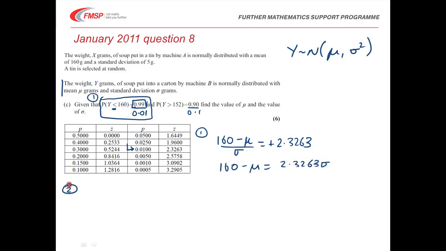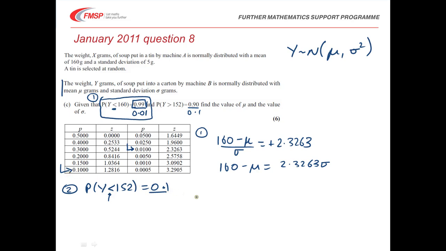If I then look at situation 2, the probability is pointing the wrong way, so I much prefer to write this as the probability of Y being less than 152 is equal to 0.1. Now, it's a left probability that's less than a half, so it's less than the mean, so my z value will be negative.